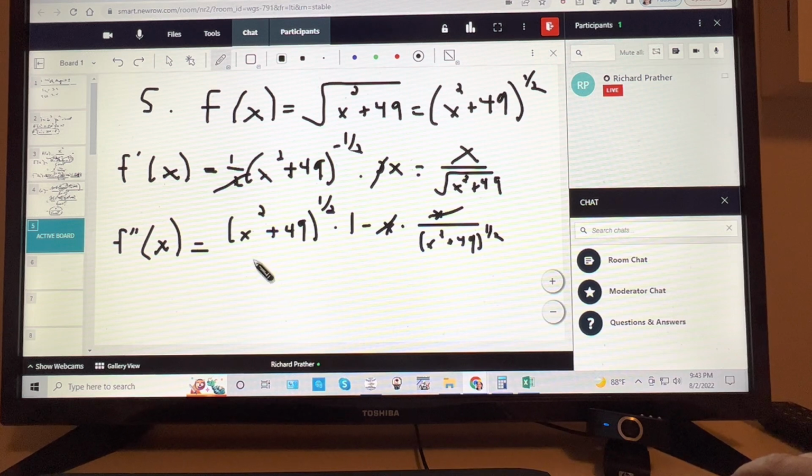So I've got, and now we can write it as a square root. X squared plus 49 square root, that's the whole first part, times 1, minus, now if the top of a fraction's blank, you have to put a 1 over, and then put this back as a square root.